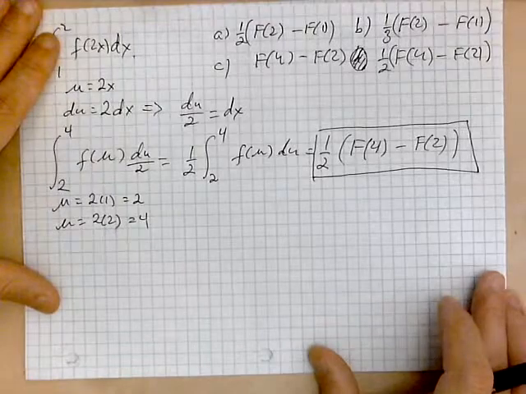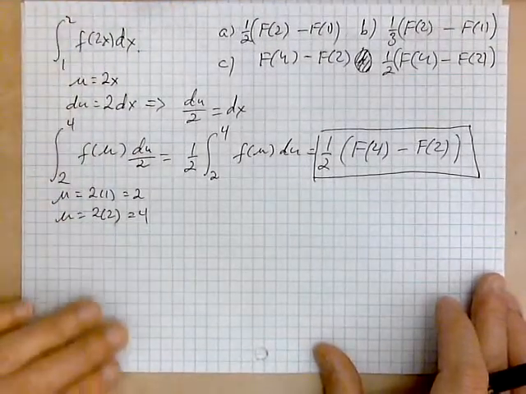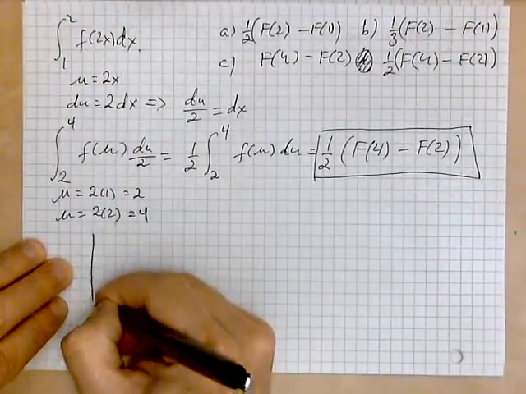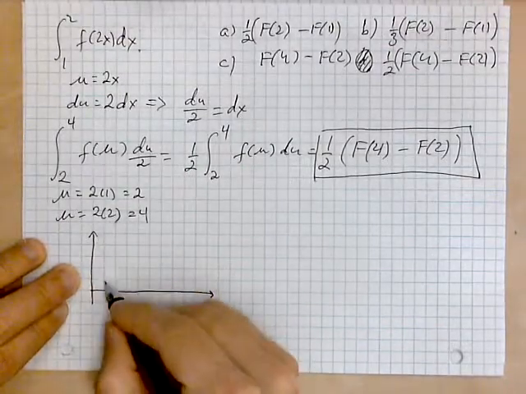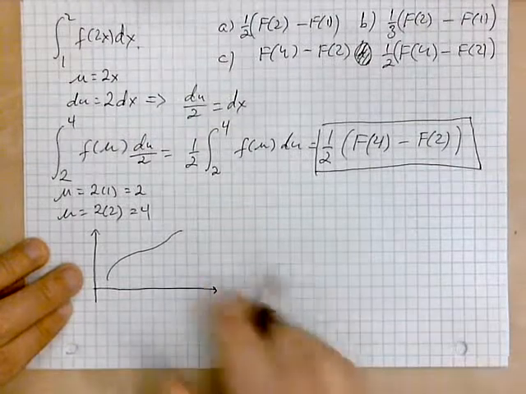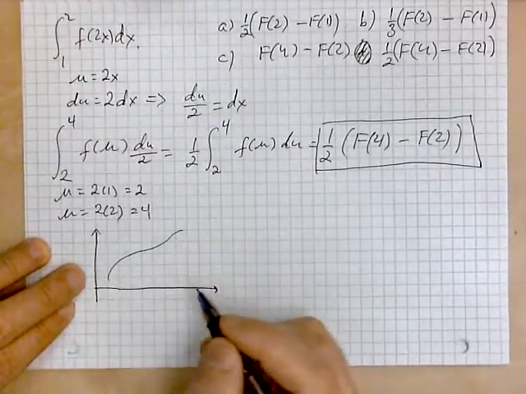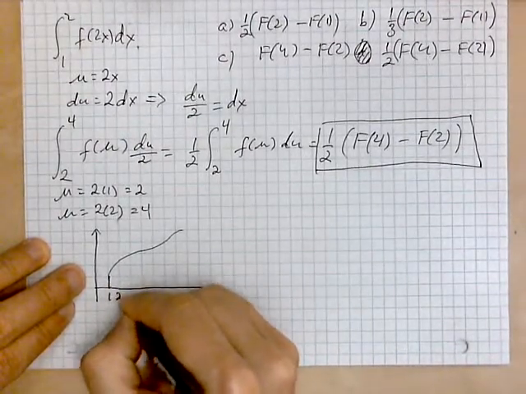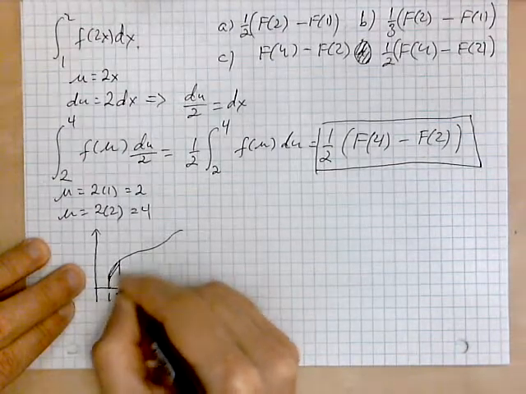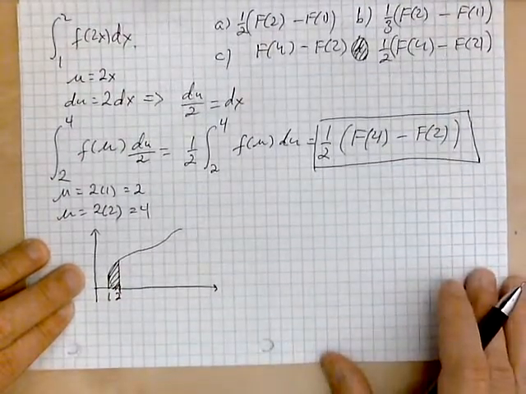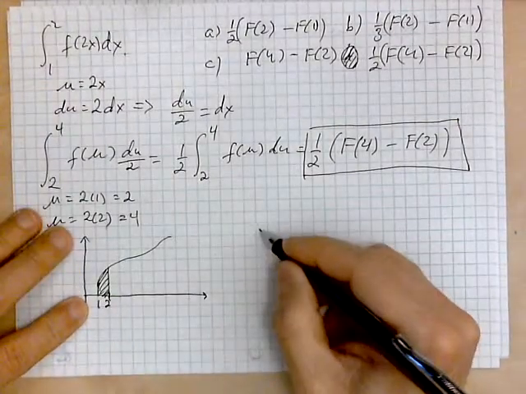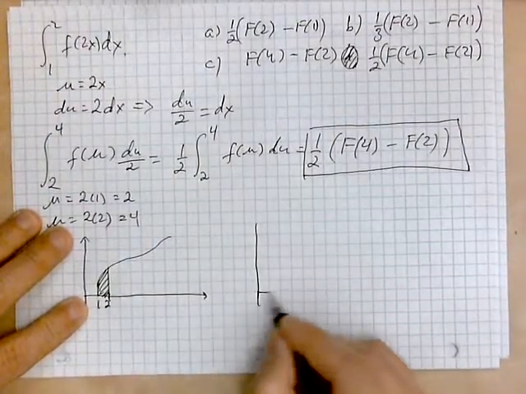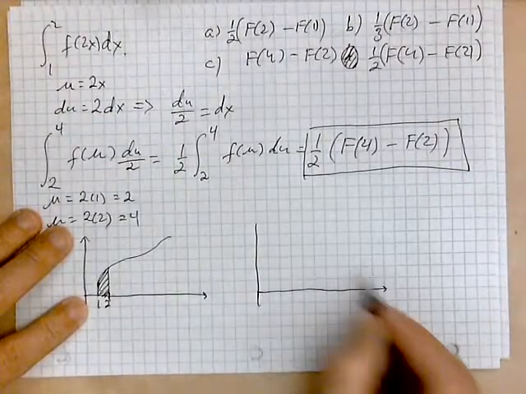And if switching the limits is a little unclear, keep in mind the following. Let's draw a pictorial representation. Say this is our original function, and we are integrating here from 1 to 2, this area. When you switch to the new limit of integration, that 1, the lower limit of integration, has to be changed accordingly.